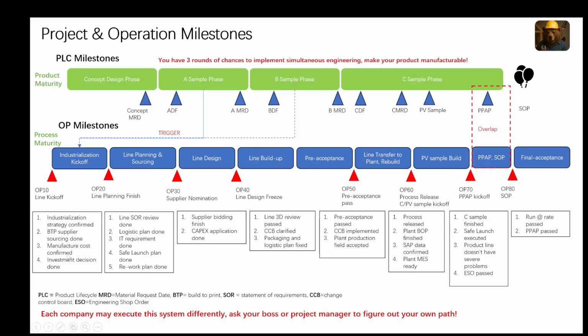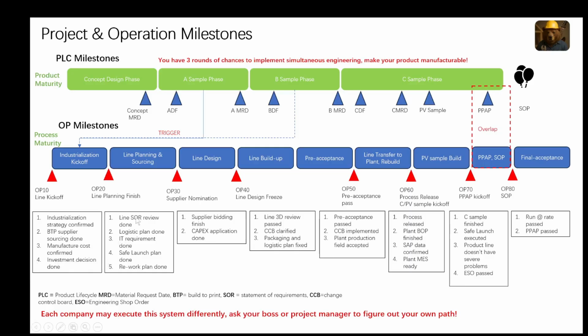And manufacturing cost, I will cover this in future lectures. And the investment decision. This is quite crucial in every company, that you calculate a lot of costs and take the data to your boss or to the CEO to let him approve the investment.